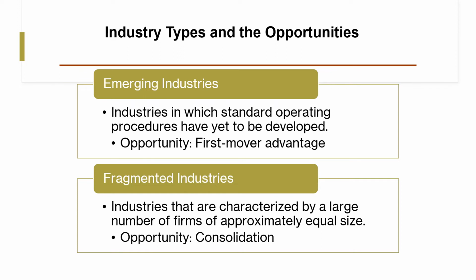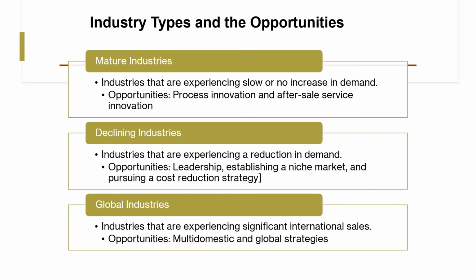Okay, and then the second is fragmented industry. So this is the industry that are characterized by a large number of firms of approximately equal the size. So apa peluang yang dia ada adalah in terms of the consolidation. Okay, and then next kita ada a mature industry, declining industry, and also the global industry. So the mature industry is the industry that are experiencing slow or no increase in demand.